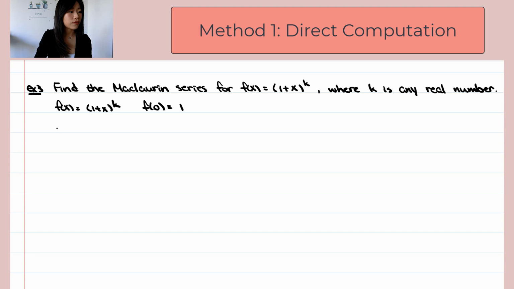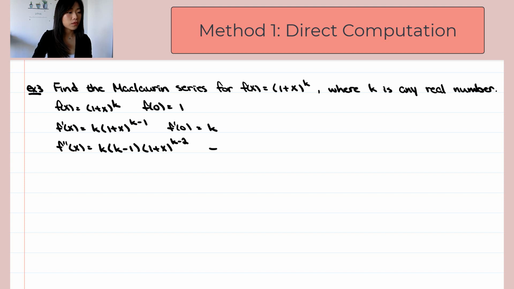How about its first derivative, f prime? We use the power rule, we get k times 1 plus x to the power of k minus 1. And if we substitute x equals 0, we get k. Then, the second derivative. So we bring the exponent in front again. We get k times the exponent, k minus 1, then times 1 plus x to the power of k minus 2.